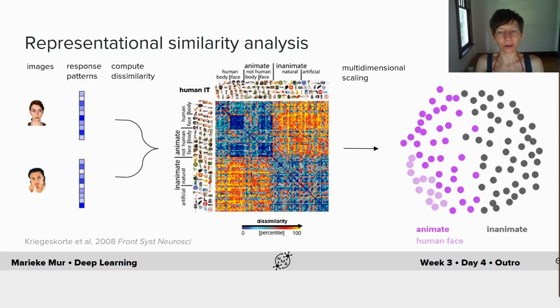We can correlate RDMs to characterize the relationships between neural networks, brains, and behavior. If we have multiple models, we can test which one best explains the brain data and behavior. This is important because it allows us to test competing hypotheses about the neural computations that give rise to the measured representations.